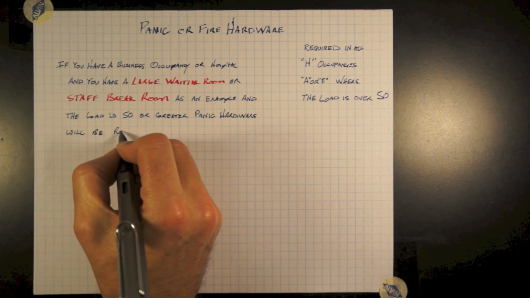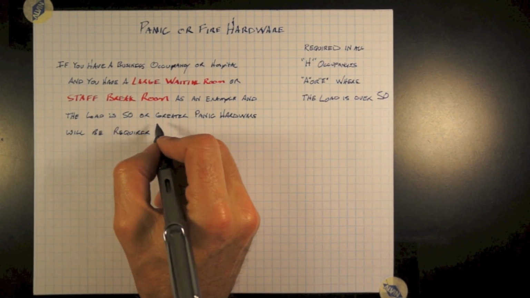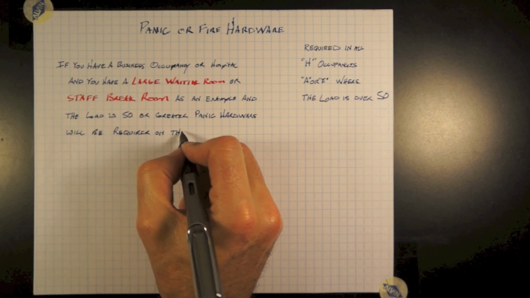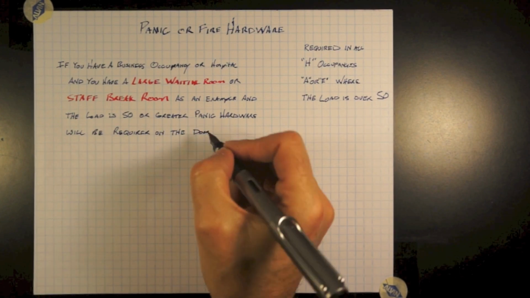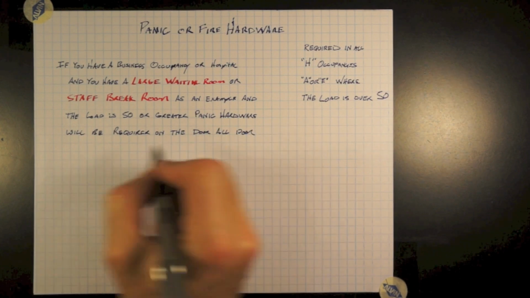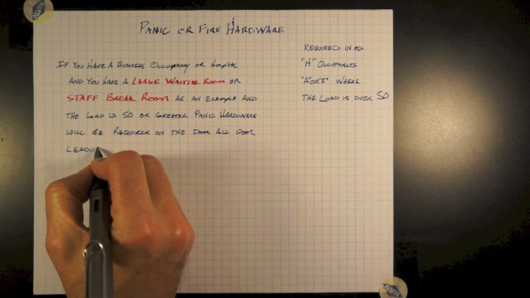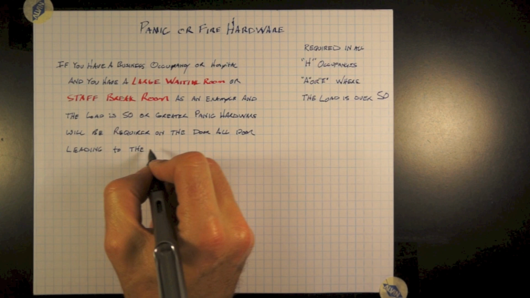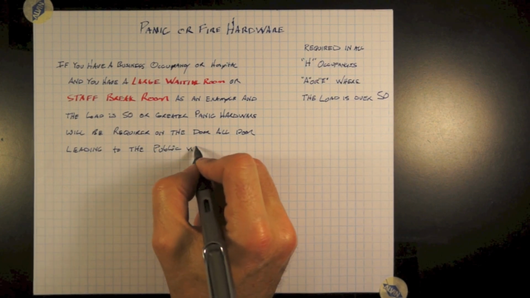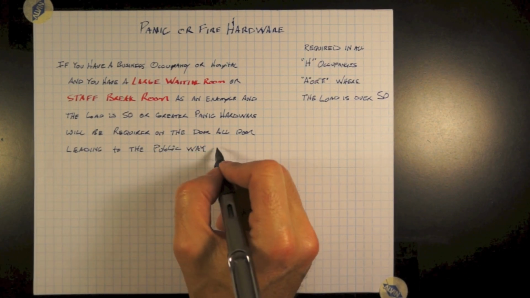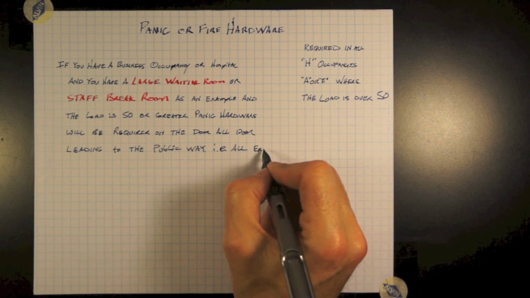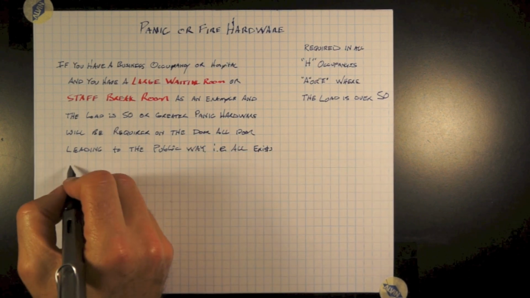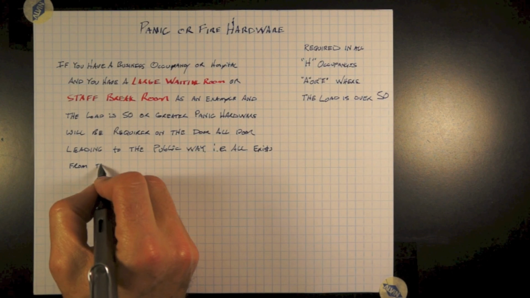So in a business occupancy, a break room or a very large waiting room could be deemed an assembly or educational space. Therefore, to the public way, you will have panic hardware on all the doors leaving that space. So it doesn't mean you need panic hardware on all your exits, just for that path of travel.